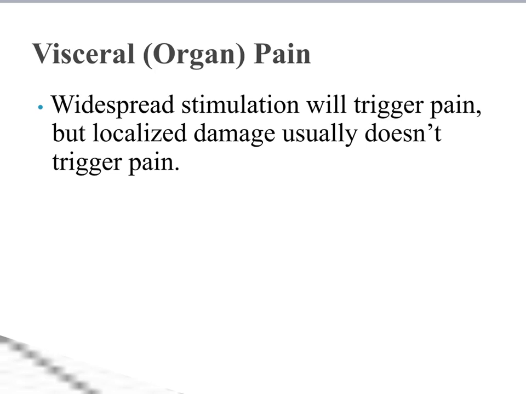So if you have just a little itty bitty ulcer going on in your stomach, you're not going to notice that at all. So when it's bigger, like quarter size, $50 size, then we're going to start to feel that pain. So our organs do not have very many pain receptors in them. So it takes a pretty big stimulus to get your organs to feel that damage.